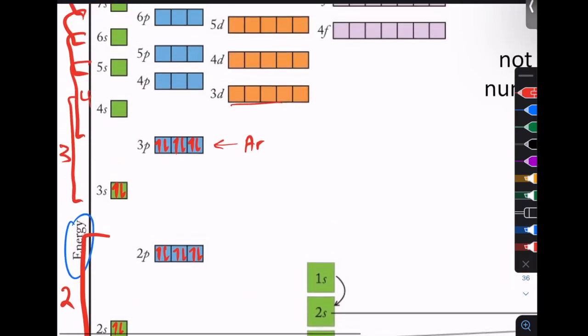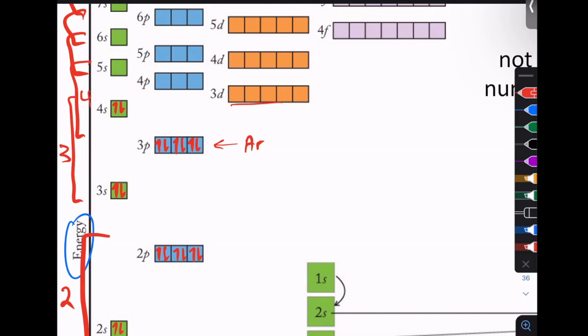All right, we now know from this recent discussion that the next electron for potassium is going into 4s. And that's shown conveniently for us here on this energy diagram. 4s is slightly lower in energy than 3d.